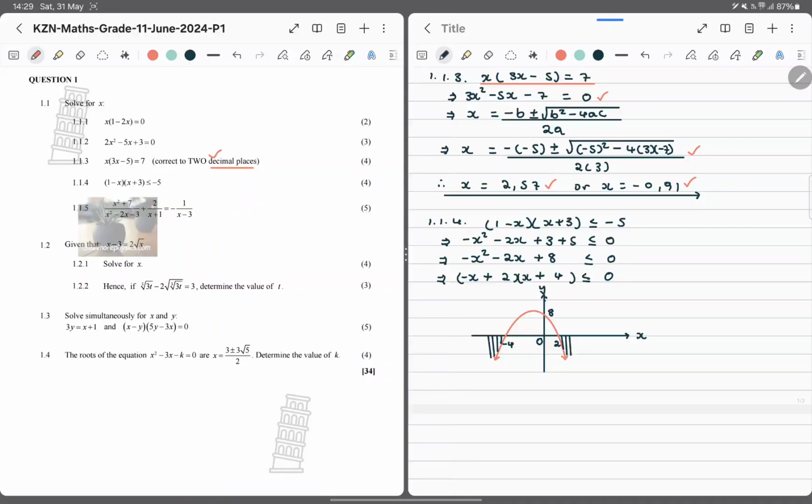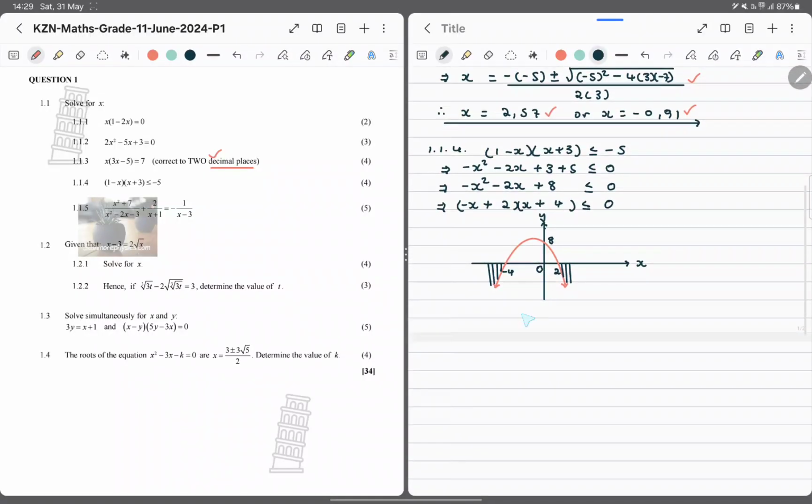All right, so those are the areas of our solutions. So we will write here, therefore x must be less than or equal to -4, by the way, 0 is included, or x must be greater than or equal to 2.